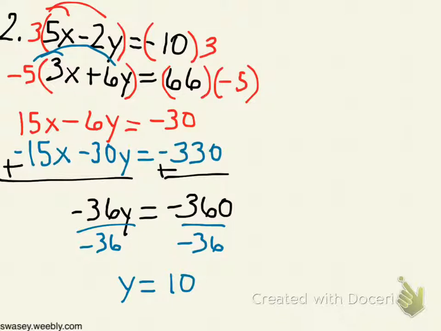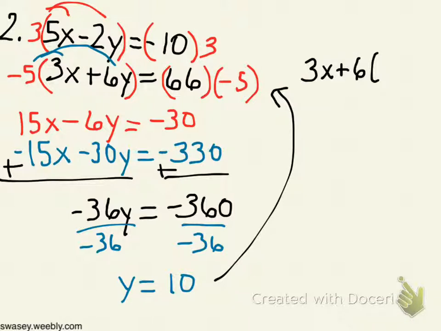And now we're going to take that 10 and plug it back in. The second equation all has positives, so I'll go with the second one. So 3x plus 6 times y, which is 10, equals 66. Multiply, you get 60. Now it's a two-step equation.